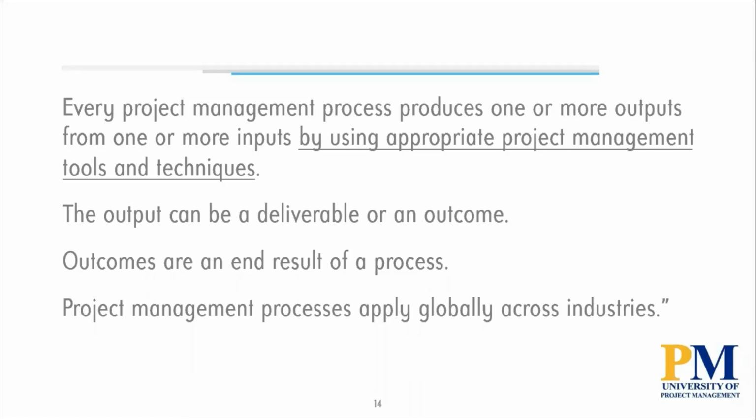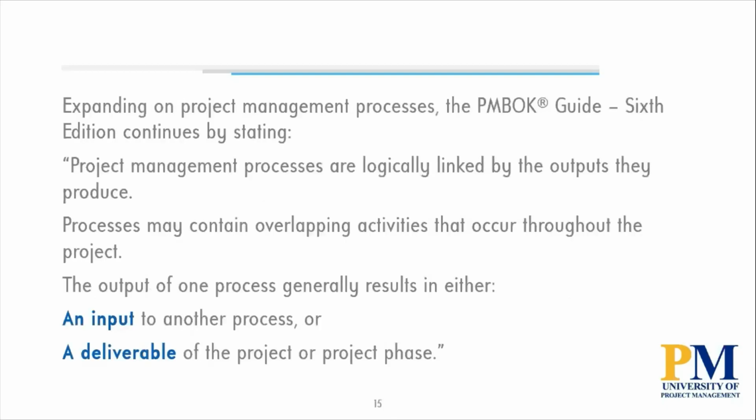The output could be a deliverable or even an outcome. They say that project management processes are logically linked by those outputs, and it usually results in an input to go to the next one or a deliverable to go to the next phase.